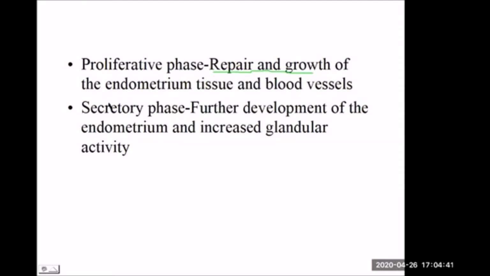And this continues into secretory phase, where ultimately all of the glandular structures, which are numerous throughout the endometrium, called endometrial glands, are now developed, and at this point, leading to the full thickness build of the endometrium.